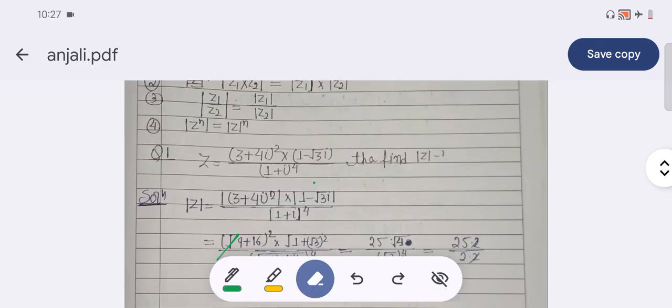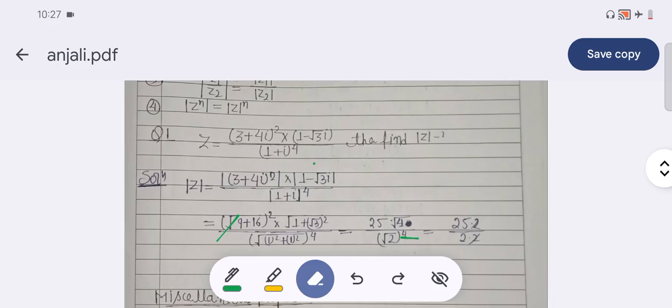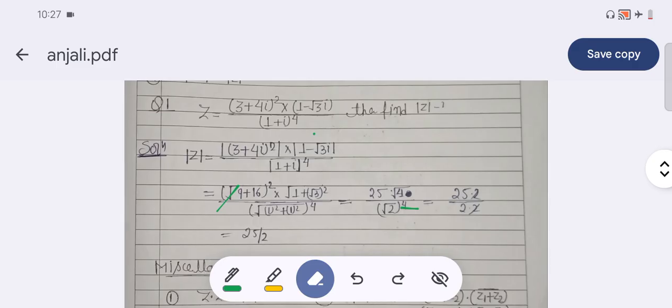If you could not understand, I will repeat this question. When we find the value of mod of z, we use mod in the numerator and denominator: mod of (3 plus 4i) square into mod of (1 minus 3i) upon mod of (1 plus i) to the power 4. Mod of z is root of a square plus b square.